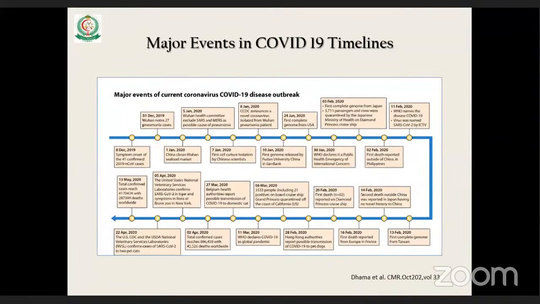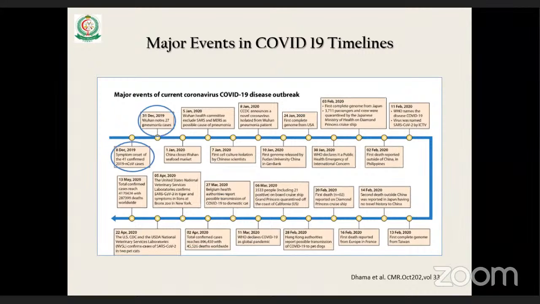In this slide, we'll just go through some of the major events that occurred in the COVID-19 timeline. The first cluster of cases occurred in Wuhan city, China, and was announced by the Chinese health authorities on 8th of December. The number of patients was 41 cases, and no cause was found for these cases of pneumonia. 2 weeks later, there was another cluster of 27 patients.